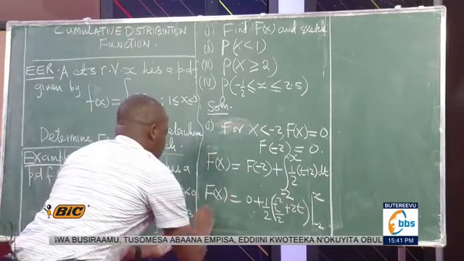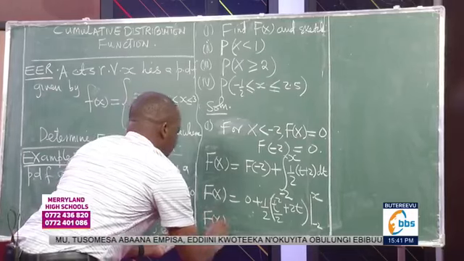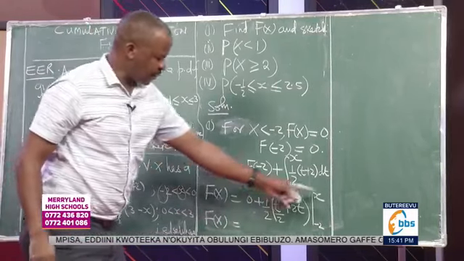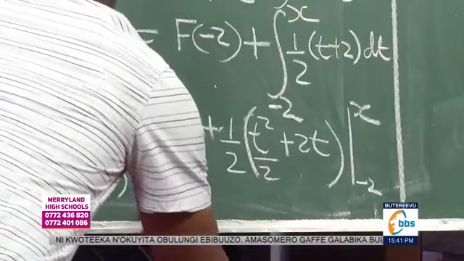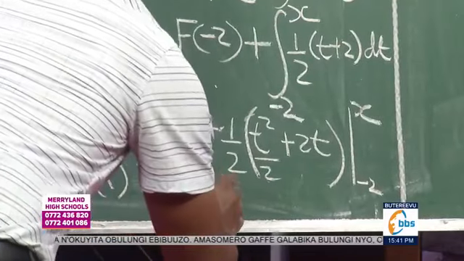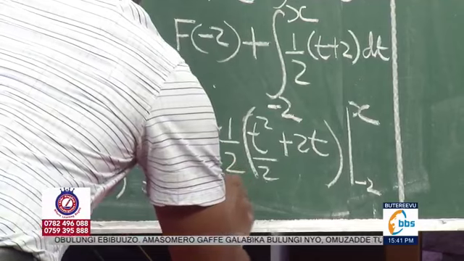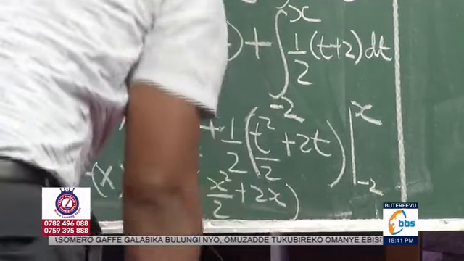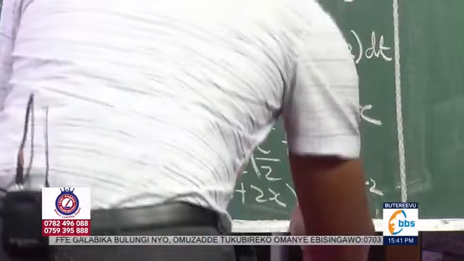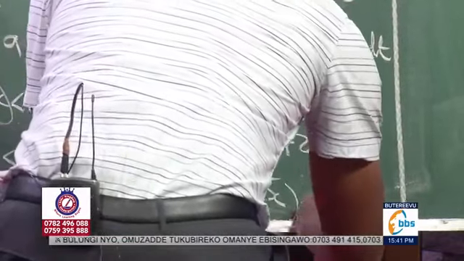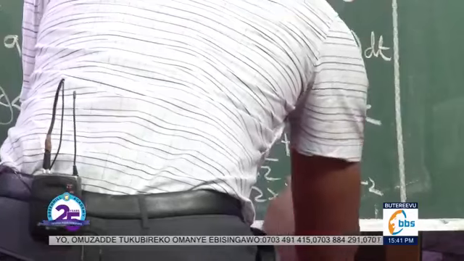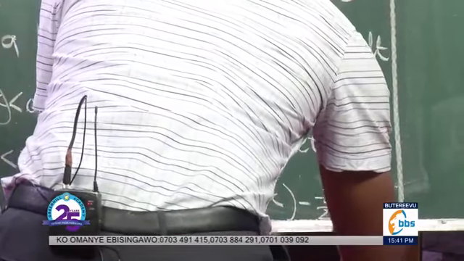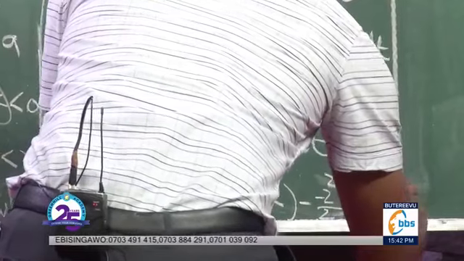So my f of x here will be, I will eliminate my 0 and feed in my x, and it will give me 1/2 into x squared out of 2 plus 2x, minus, when you feed in the -2, minus 2 squared out of 2 plus 2 times minus 2.